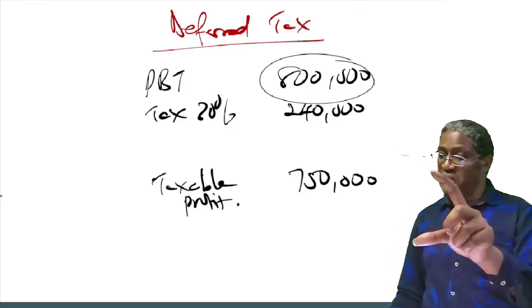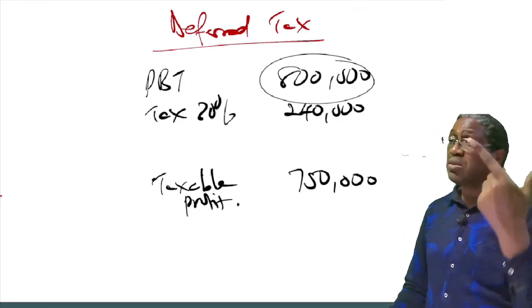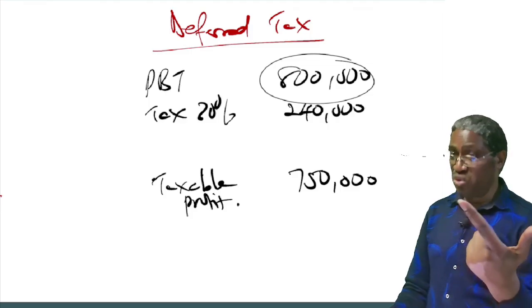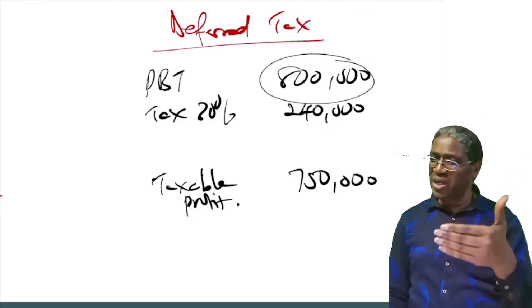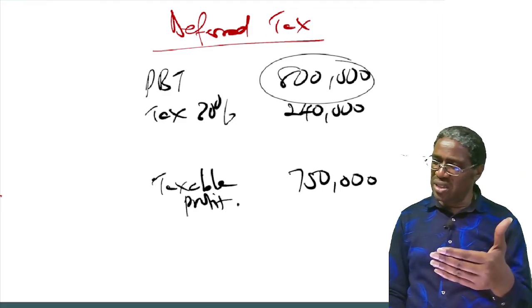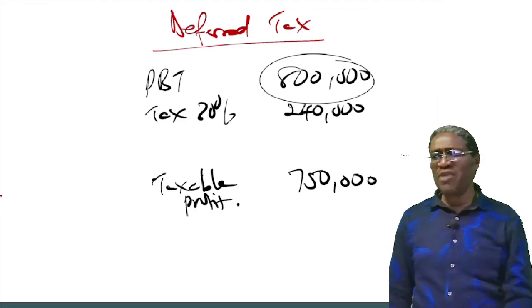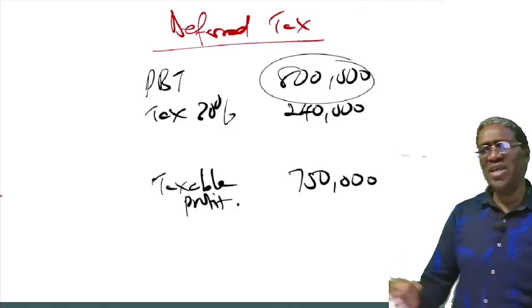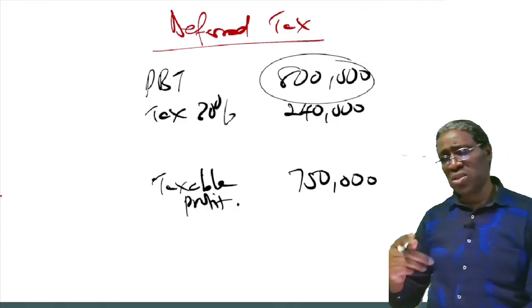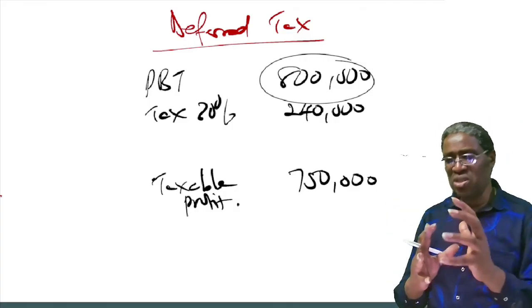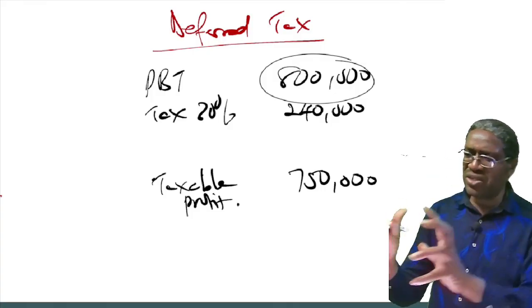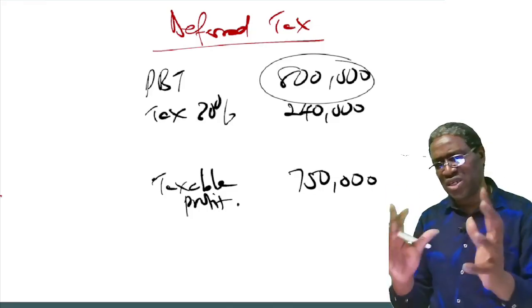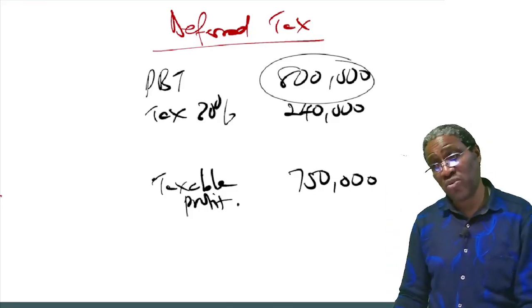You as a business compute the accounting profit, which in your case you got as 800,000. You thought you'll be required to pay 240. But for tax purposes, he applied his tax rules and looked at your financials. From those financials, he said, maybe you should not have charged this, you should have charged this. Of course, we shall discuss that in detail in the topic of deferred tax.